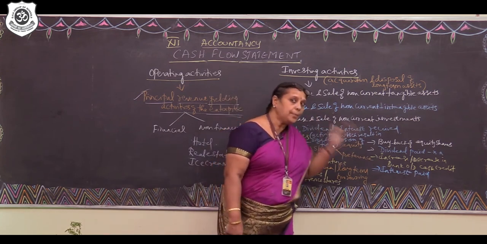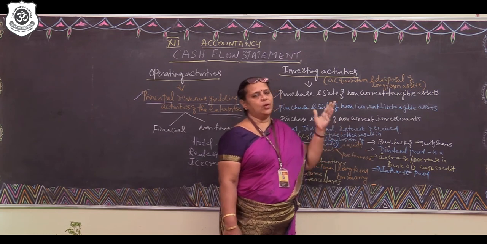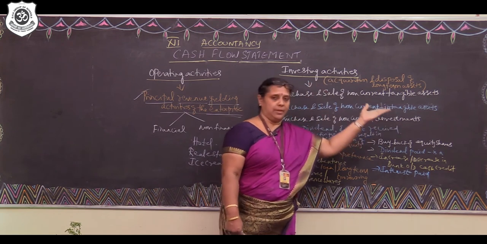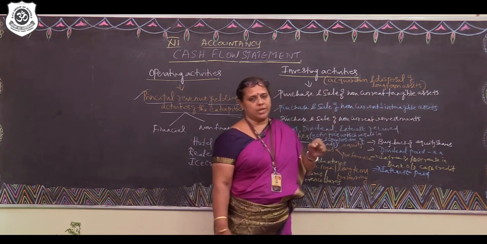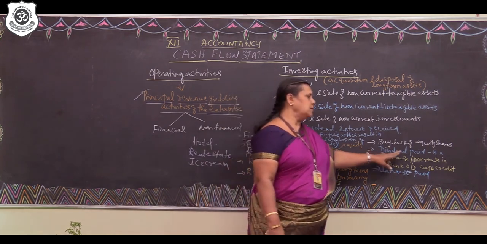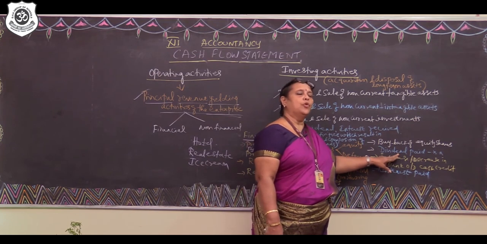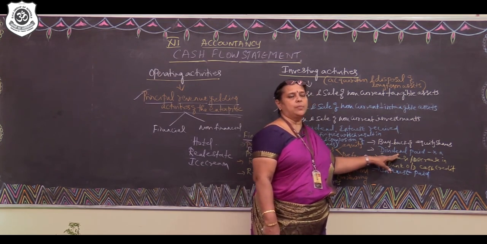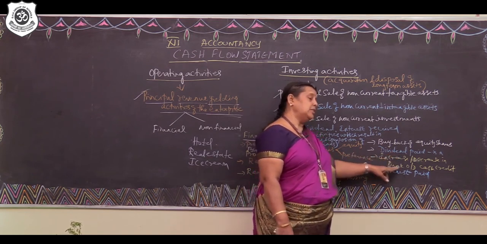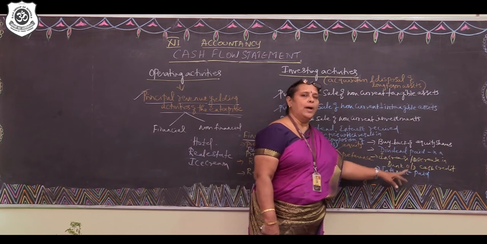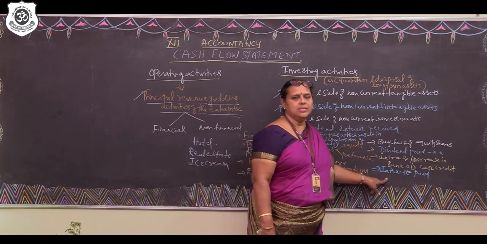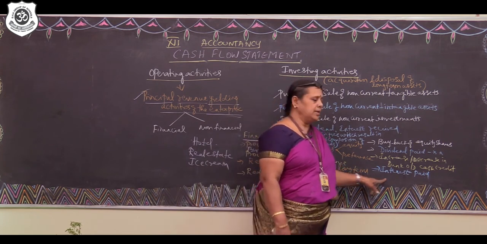Only for the shares which the company has issued. That means the company cannot pay dividend for the shares which are bought and sold of other companies. When the company issues its own shares, only for those shares the company will pay dividend. Therefore, dividend paid is always a financing activity for any enterprise. Then, increase or decrease in short-term borrowings in the form of bank overdraft and cash credit. Then, interest paid. All these things will be classified under financing activities.